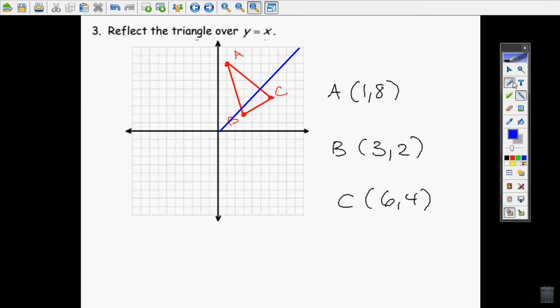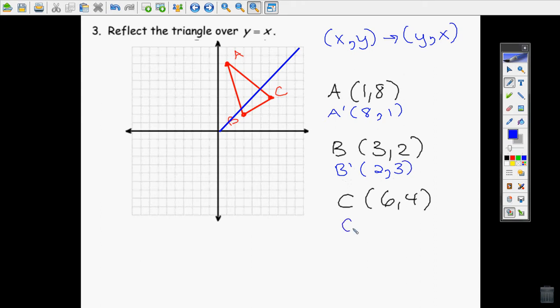And so the rule for reflecting over the line y equals x is that x, y becomes y, x. You're just swapping your x and your y. So A prime is 8, 1. B prime is 2 comma 3, and C prime is 4 comma 6.